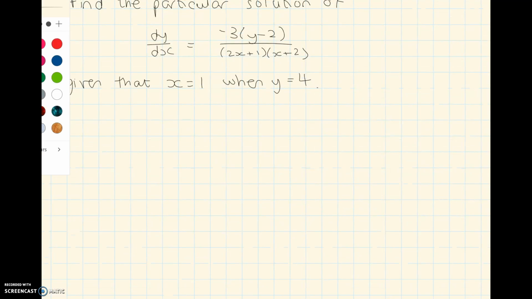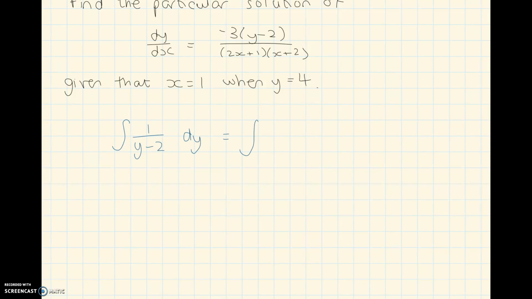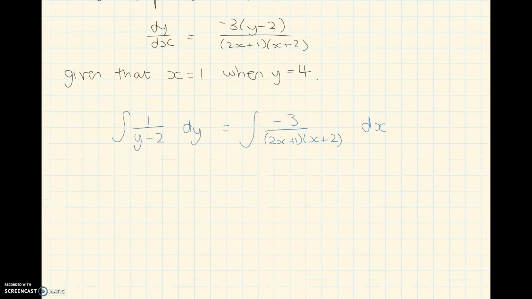Okay, so let's start to look at the solution to this one. If I move the variables across, I could write that as the integral of 1 over y minus 2 dy equals the integral of minus 3 over (2x plus 1)(x plus 2) dx.